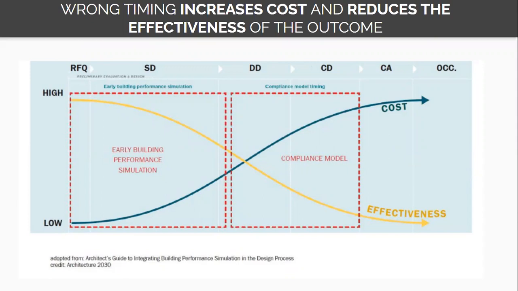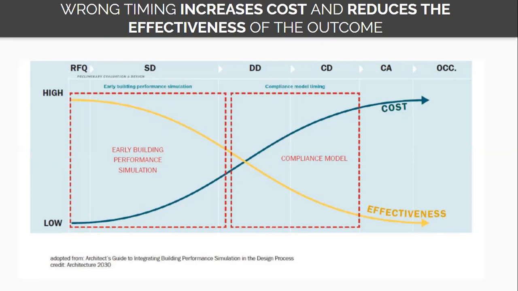So this graph, I think most of you must have seen, where if we get into the design at the RFQ level or at the concept stage, then the potential to achieve a higher level of performance is high, and the cost to achieve that same level is low.